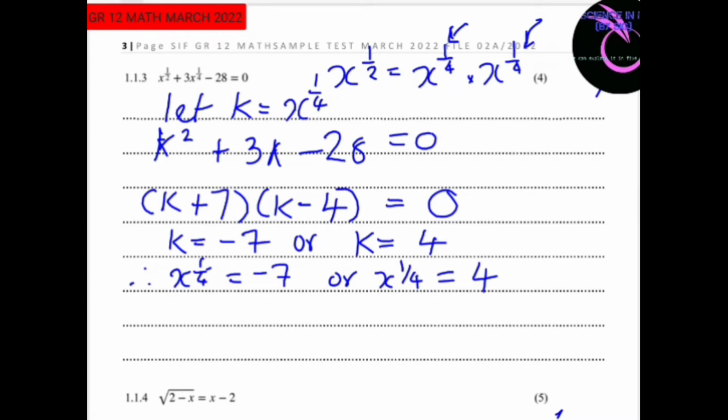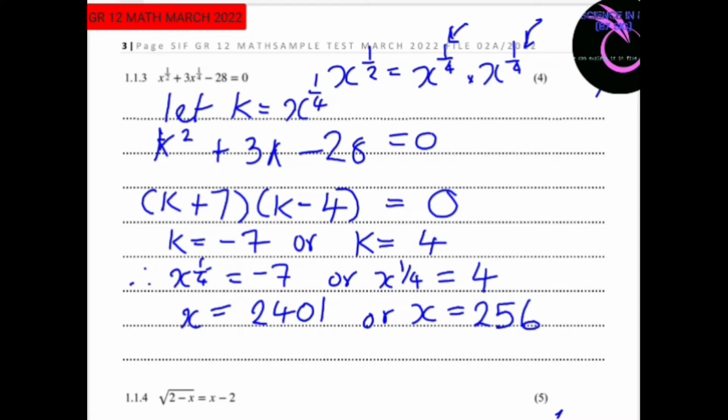First find the inverse of the exponent, then raise both sides to the reciprocal of that exponent. So we now know that x is equal to 2401 or x is equal to 256.